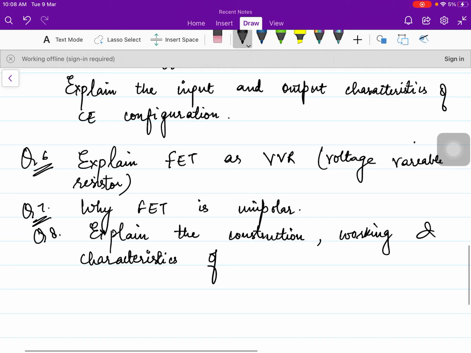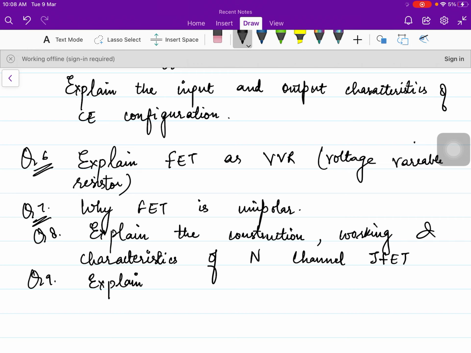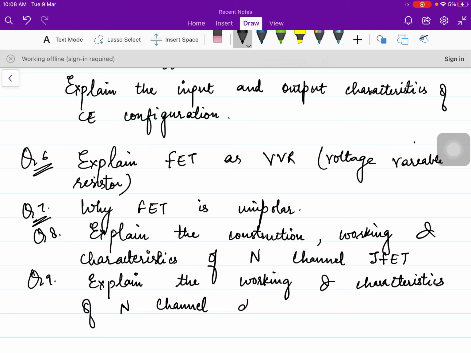You might be asked to explain the construction, working, and characteristics of N-channel JFET, where you must know the concept of pinch-off voltage and cutoff voltage. You must know it very thoroughly. And you could also be asked, this is also an important question, to explain the working and characteristics of N-channel depletion MOSFET.